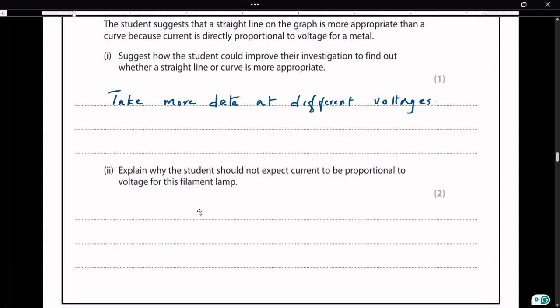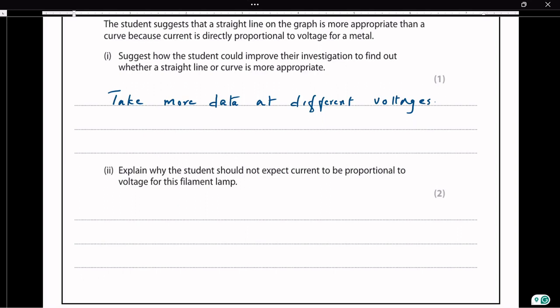Now explain why the student should not expect current to be proportional to voltage for this filament lamp. So here, we have seen that if it is an ohmic resistor, the current and voltage are directly proportional. That means a straight line graph is expected. Students should not expect current to be proportional to the voltage.